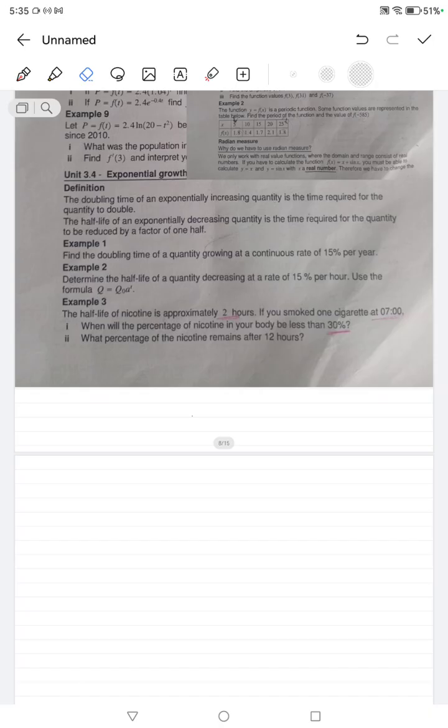If you smoked one cigarette at 7 o'clock, when will the percentage of nicotine in your body be less than 30%? What percentage of the nicotine remains after 12 hours?